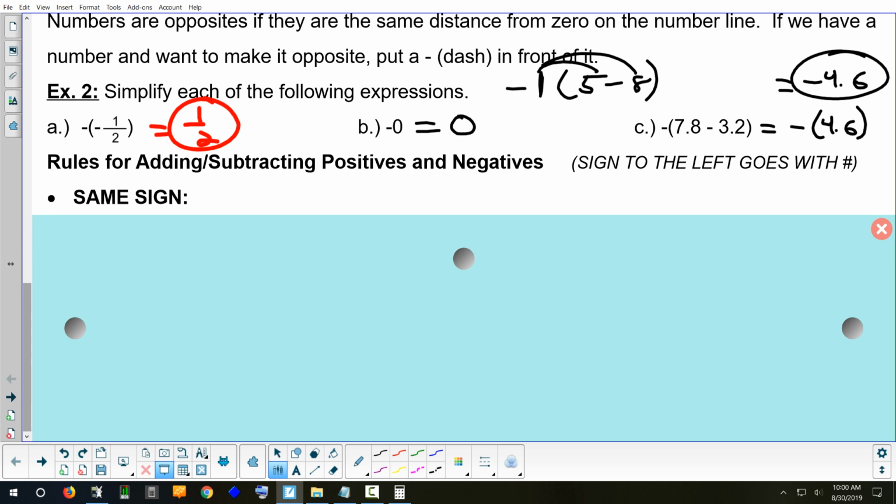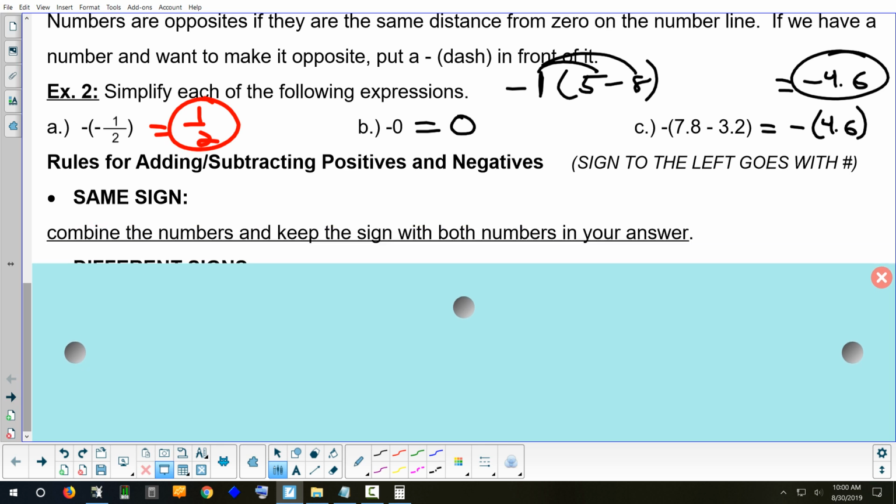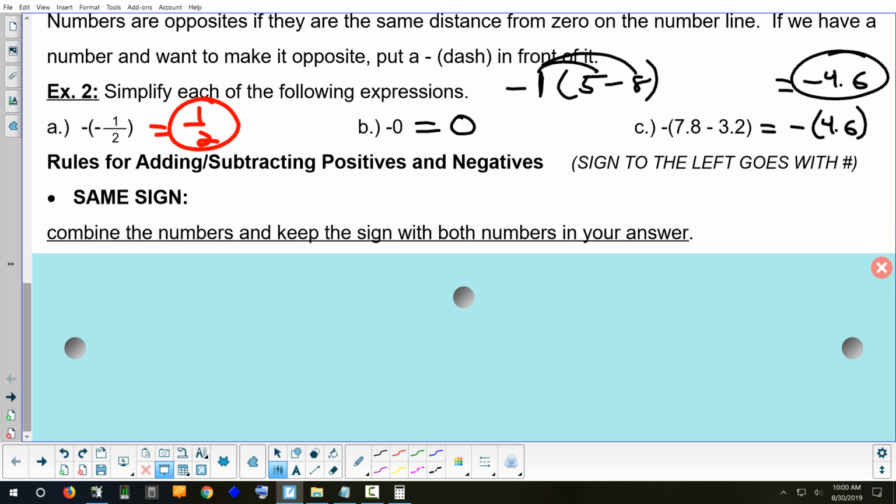So, let's say you have to add and subtract numbers with the same sign. Same sign means maybe you're adding a positive to a positive, or maybe subtracting a negative and a negative. Same sign: you combine the numbers and keep the sign the same, or combine the numbers and keep the sign that you had originally in your answer.